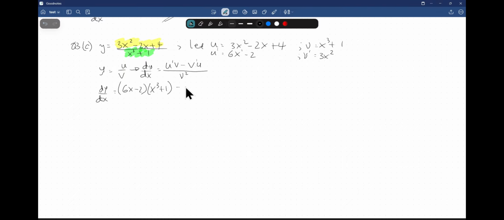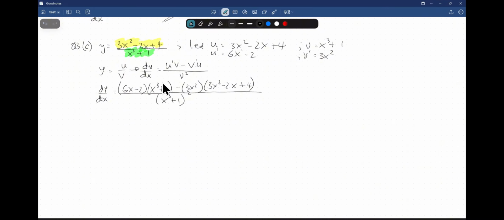It's very easy to make mistakes. Minus v prime, which is 3x squared, times u, which is 3x squared minus 2x plus 4, all over v squared, so x cubed plus 1 squared. What we usually do is simplify the problem.